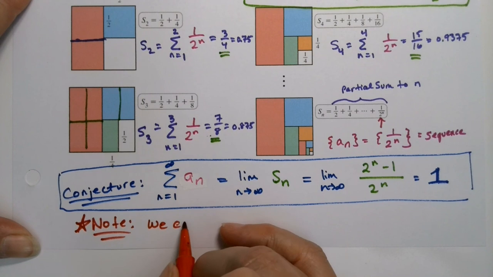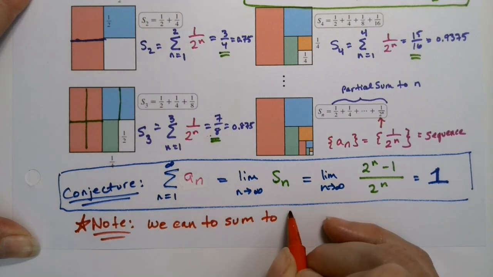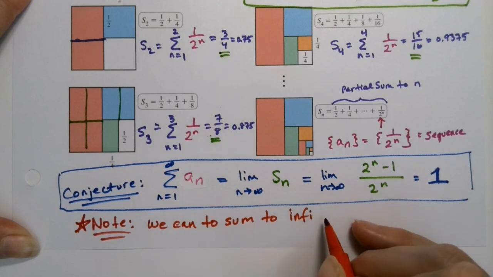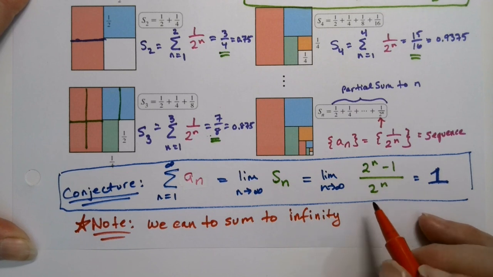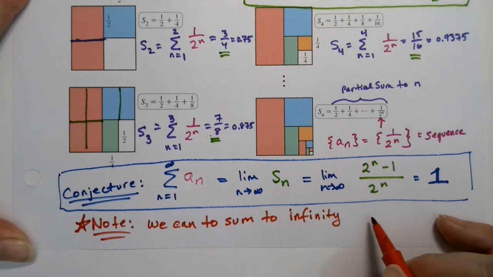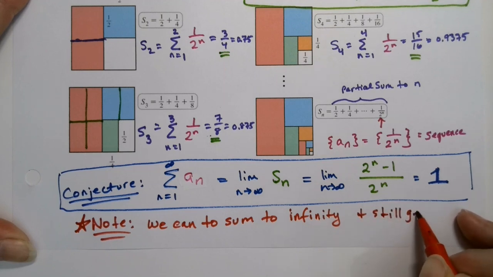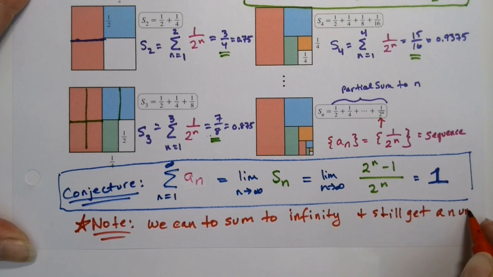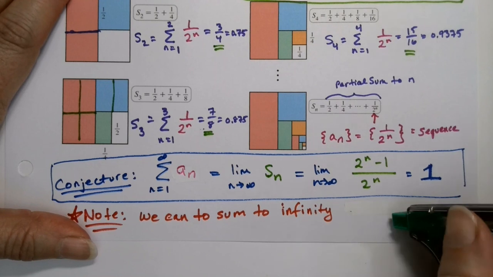And if that's sounding familiar to you, that's because in section 8.9, when we did improper integrals, when integrals went to infinity and we were able to find the area under the curve and it still went to a number, it was called something.